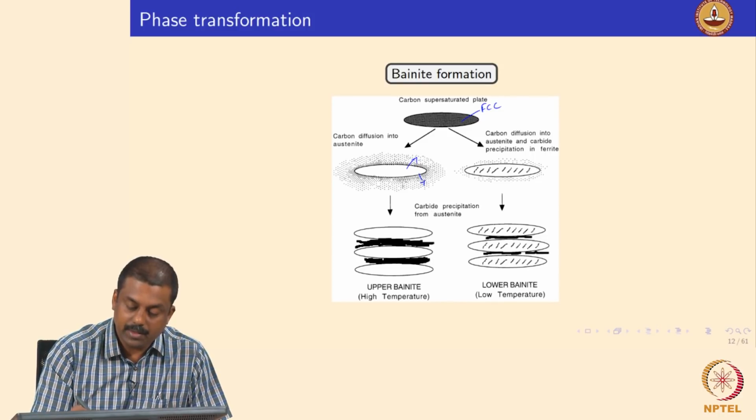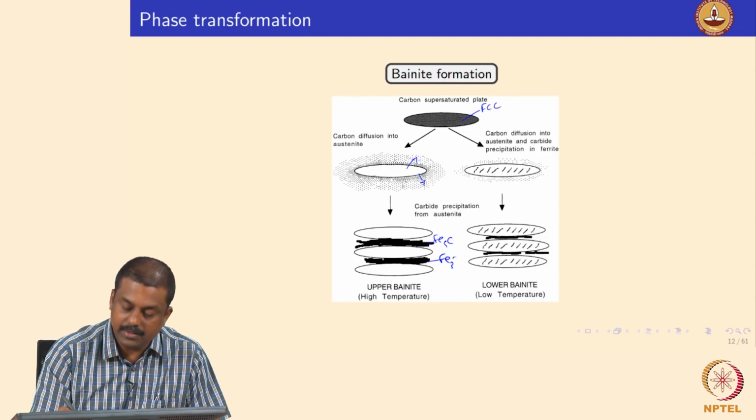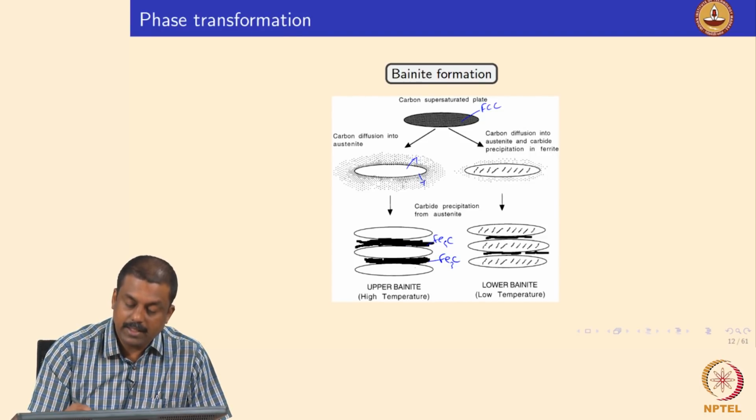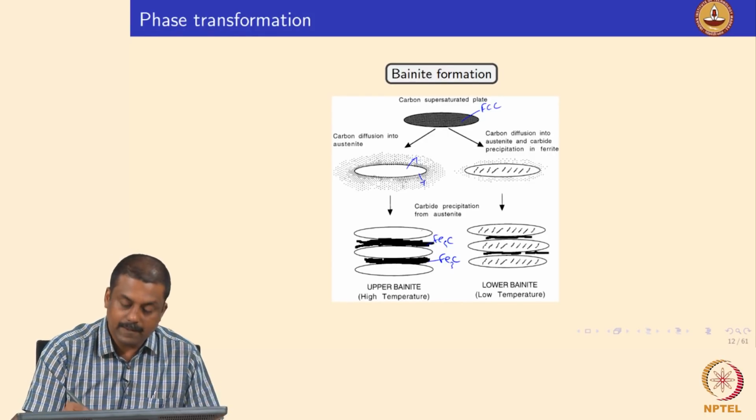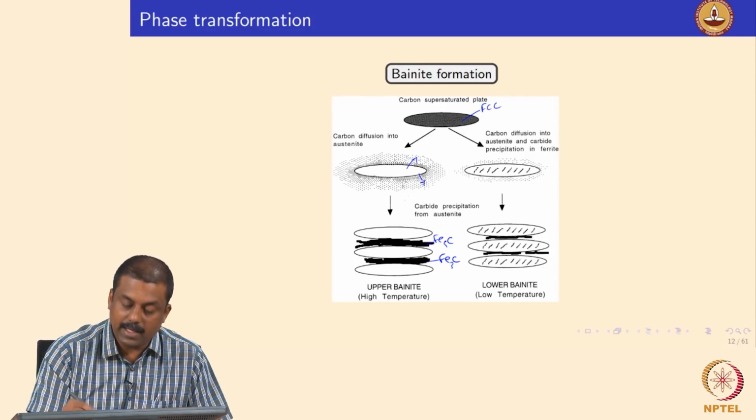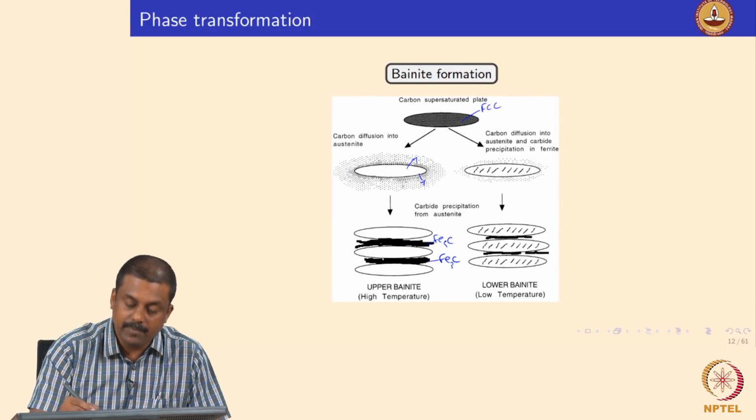Upon enrichment, you form cementite at the interferrite regions. As I will explain, the mechanism is similar to the pearlite formation mechanism. The only thing is that in this case the shape of the ferrite laths that form is not as uniform as in pearlite formation, and you will have an acicular structure.